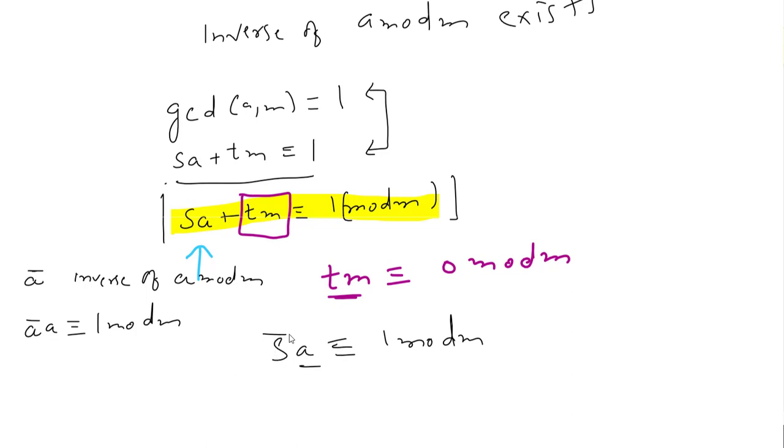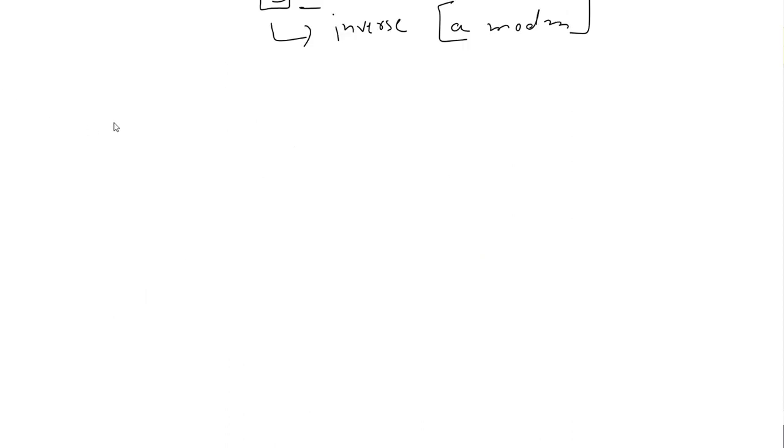So what we find is that S is the inverse. So in terms of Bézout's coefficients, where we have S and T as the constants in that Bézout's theorem, T times M will be congruent to 0 mod M, so it moves out of the picture. The only thing that will give us the inverse is S times A. So S is the inverse of A mod M.